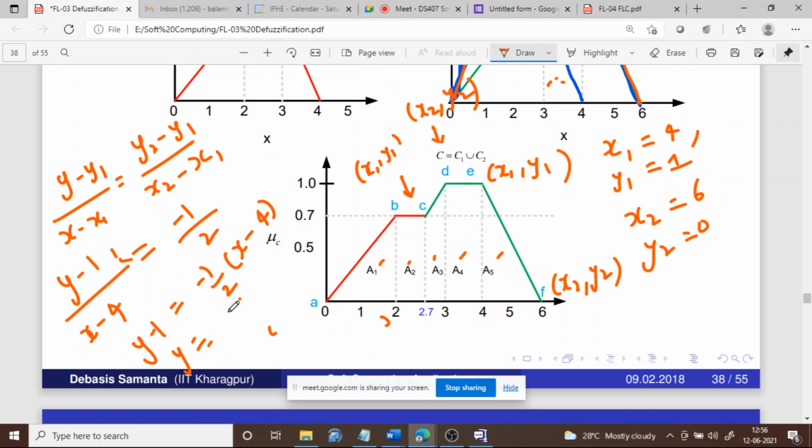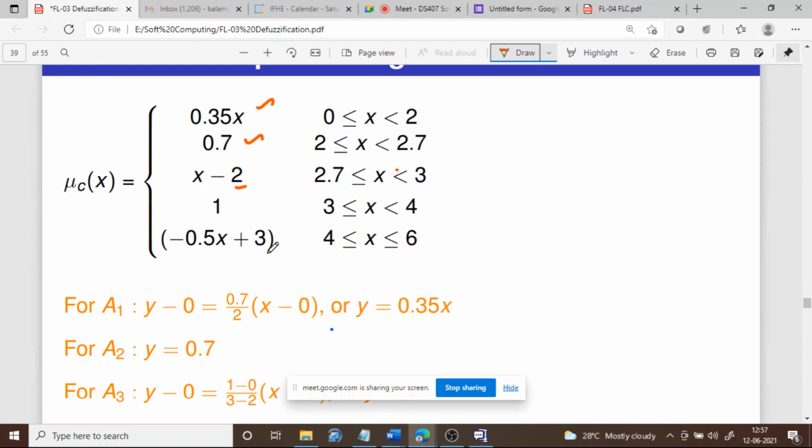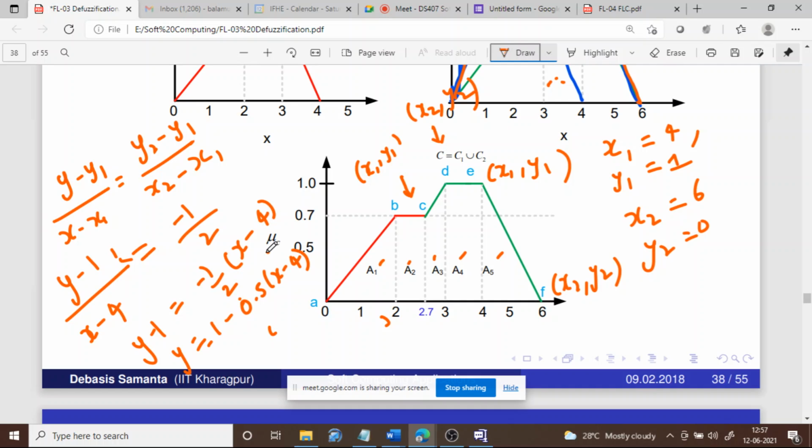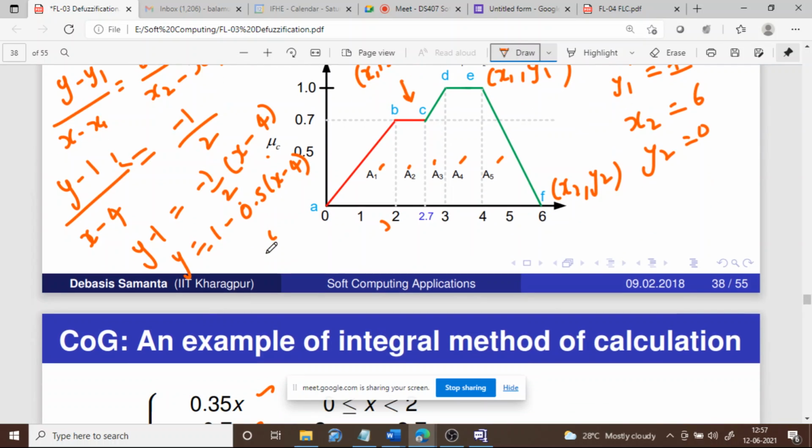So y is equal to 1 plus minus 0.5 into x minus 4, right? You can still simplify this.